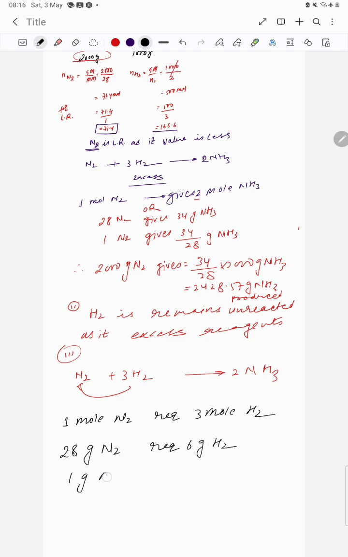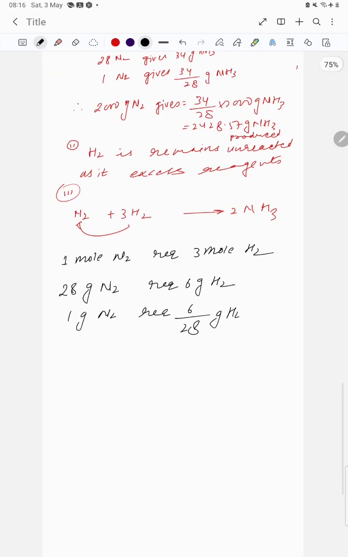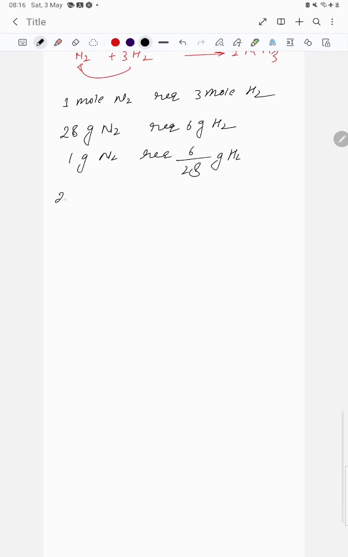So 1 gram N2 requires 6 by 28 gram H2. The nitrogen we have in the question is 2000 gram. So 2000 gram N2 requires 6 multiplied by 2000 divided by 28 gram H2.